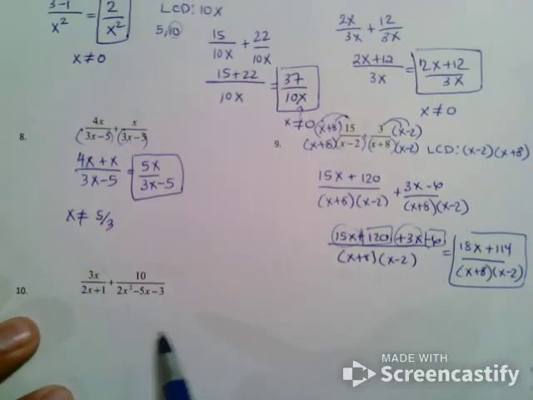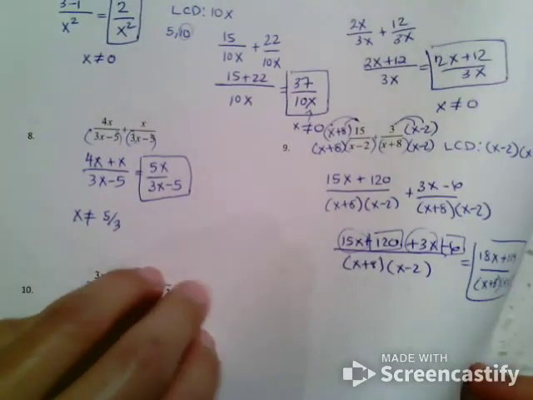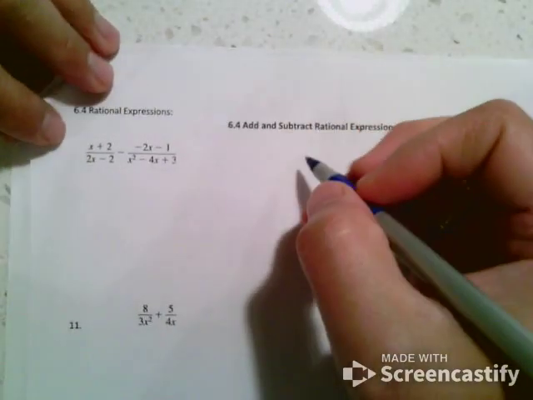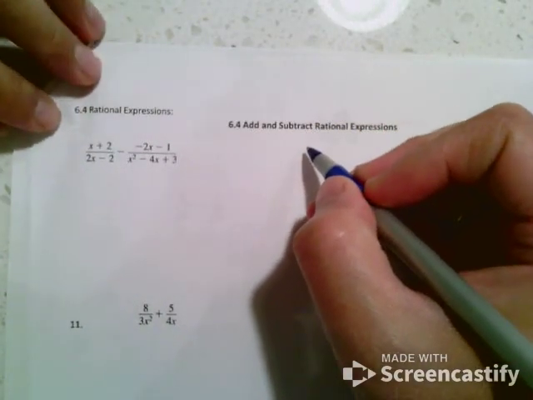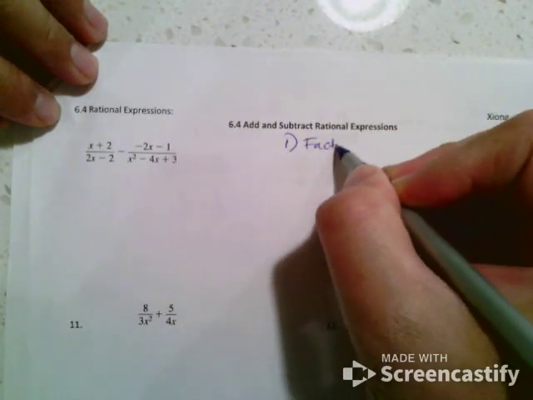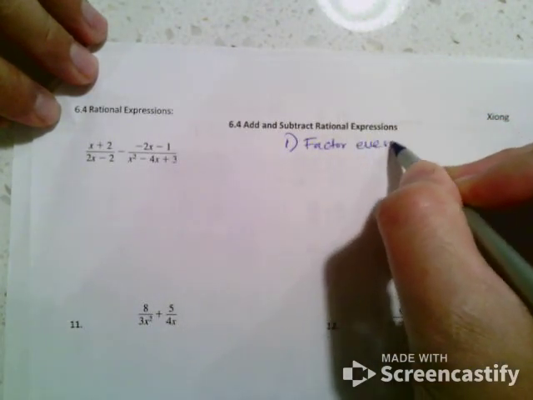Okay, so we'll skip this one for now. Let's write the steps to adding and subtracting rational expressions. So the first thing I want you guys to do when you're adding and subtracting rational expressions is to factor everything.